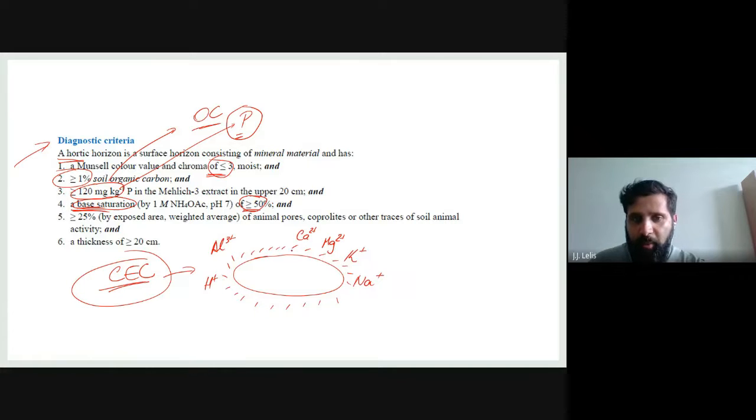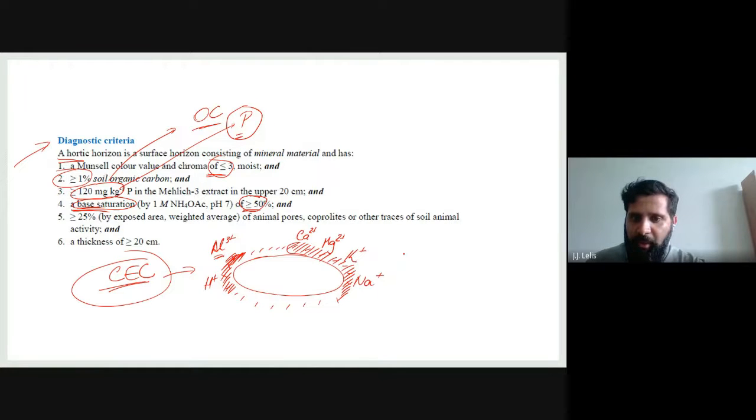So I can quantify how many charges neutralize nutrients, and how many charges neutralize acids, hydrogen and aluminum.